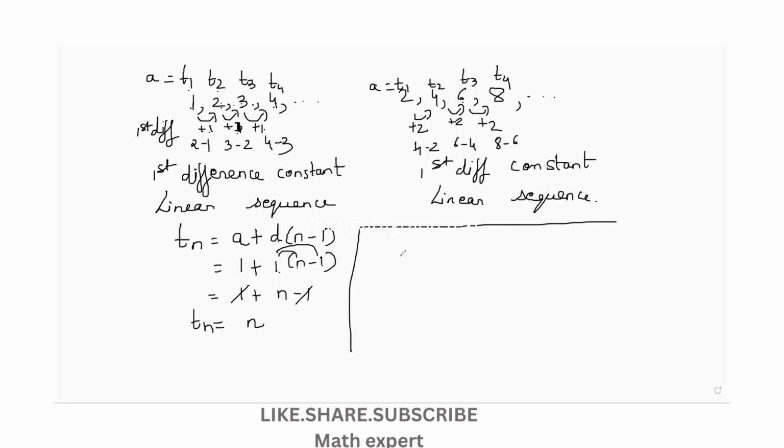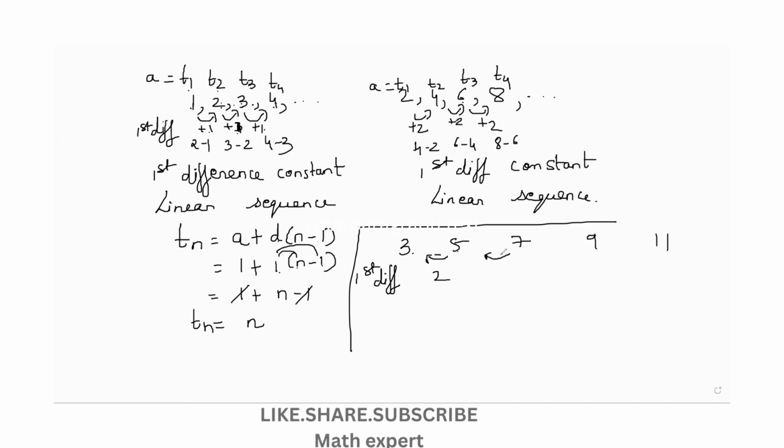So let's take another example. For example, if you have 3, 5, 7, 9 and 11. Now in this case, what is my first difference? Not necessarily always the same, it might be different also. So 5 minus 3 is 2.